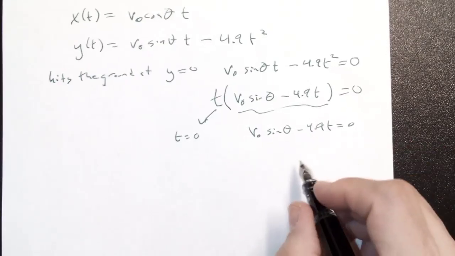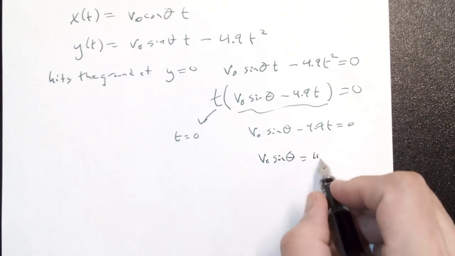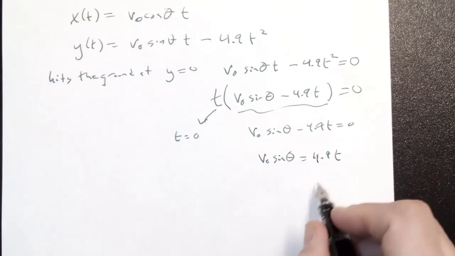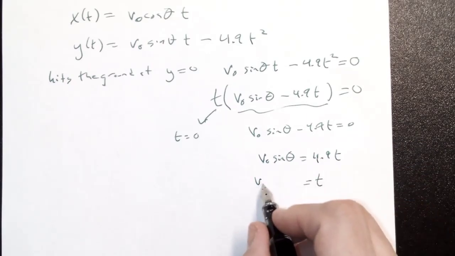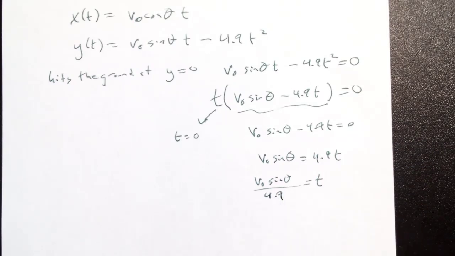If I move that to the other side, I get V naught sine theta equals 4.9 t. So I have to divide, I get t equals V naught sine theta over 4.9. That tells me when I hit the ground.